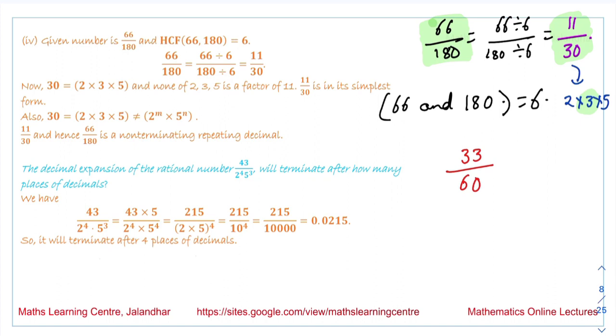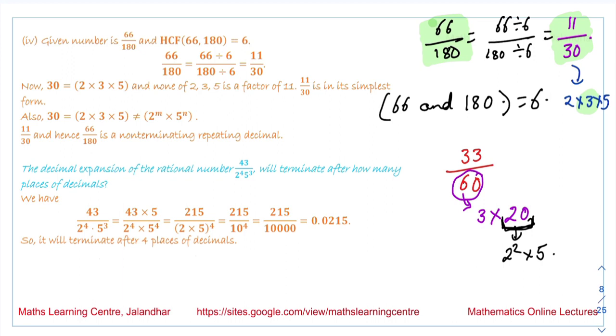If I factorize the denominator 60, it is 3 into 20, and factorizing 20 we get 2 raised to power 2 into 5.